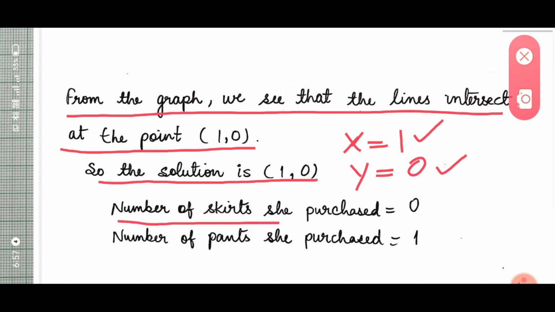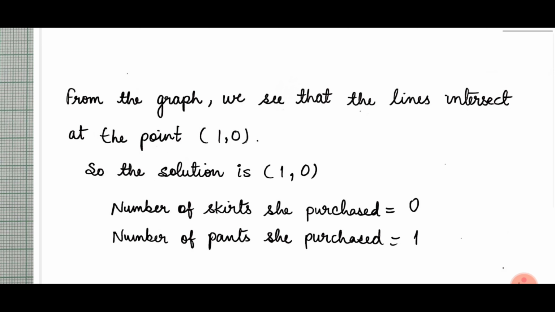Number of skirts she purchased equals to 0 and the number of pants she purchased equals to 1. So instead of saying directly 0 and 1, that means I did not purchase any skirt, I only purchased one pant, she just made a statement for that, right? So this way you can also trick your friends to irritate your friends, right?